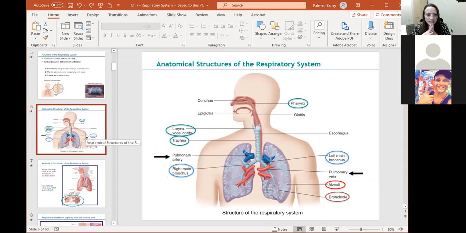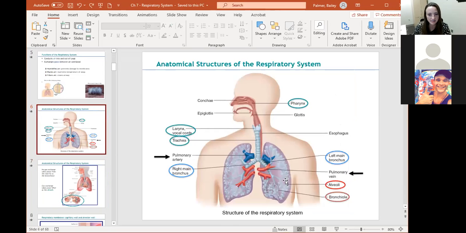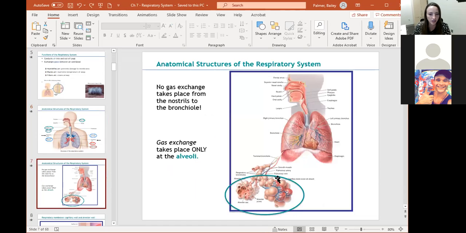Next is understanding kind of the structure of the respiratory system, knowing where the pulmonary system starts, how it starts up here in the pharynx, goes down through the larynx, and then into the bronchioles. Also knowing where gas exchange takes place, knowing that the only place in this entire system that gas exchange occurs is the alveoli.